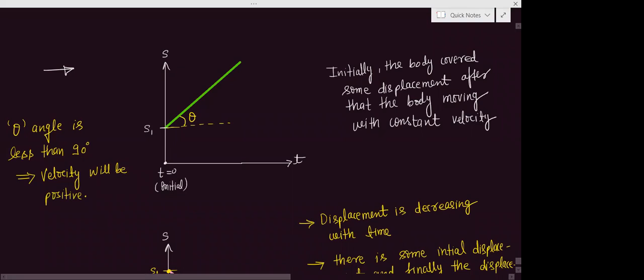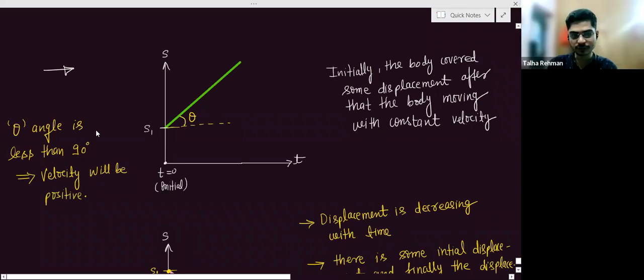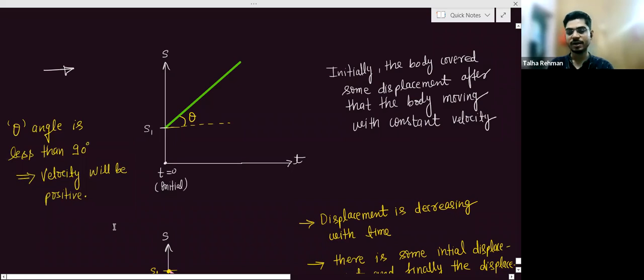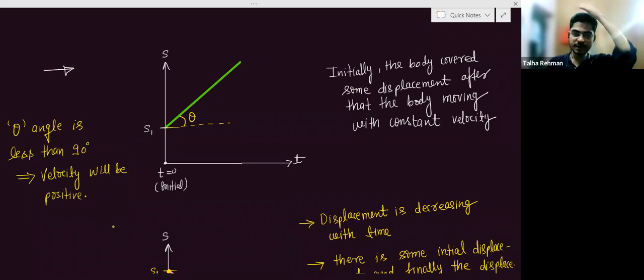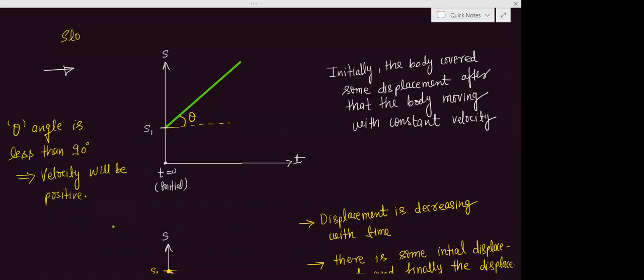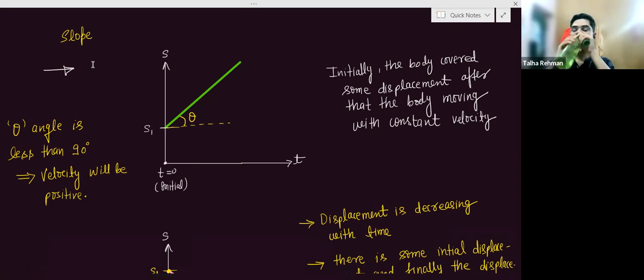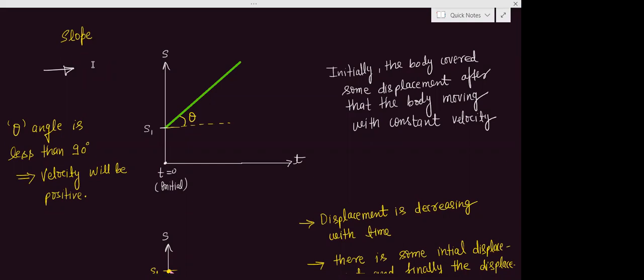I am not going into detail. I just want to tell you this because it will be out of your syllabus, if I tell you about the slope. Have you heard about the slope? What is that? You can tell me, then we will discuss that. The slope is a very interesting thing for the study of the graph.